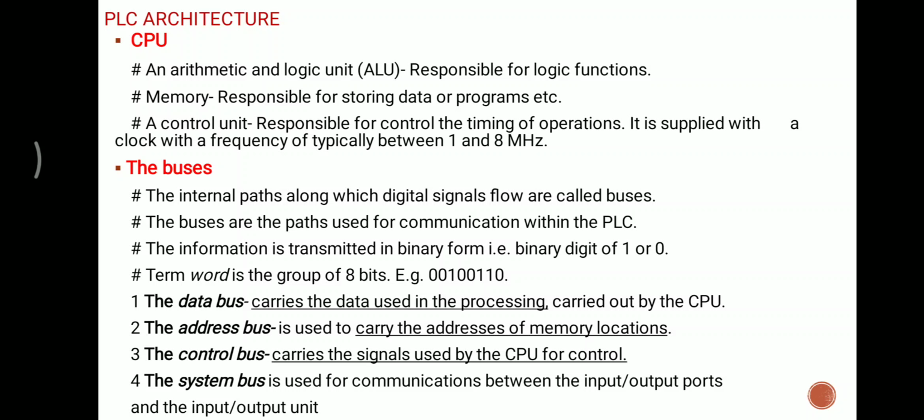The next PLC architecture element is memory. The memory unit is used for storing the input and storing the program, and it is used by the microprocessor. Memory is very important for storing the program because those programs are supposed to be used by the microprocessor. Again, it has 3 types of memory.